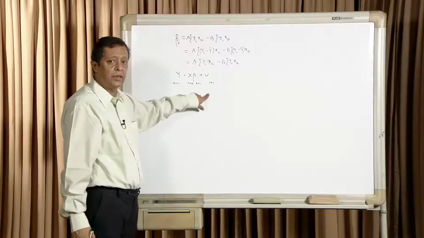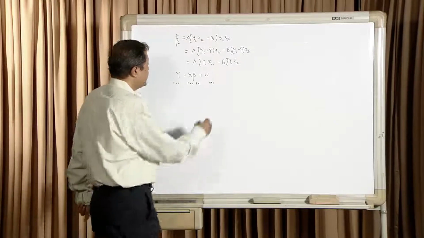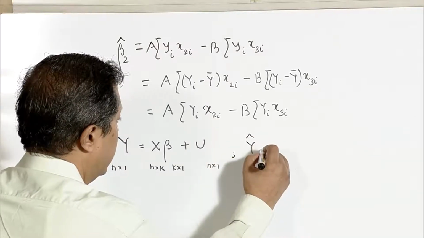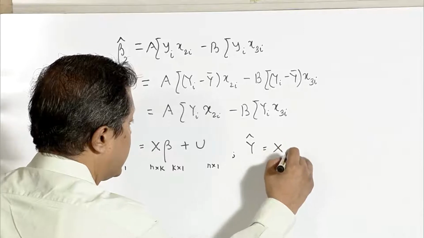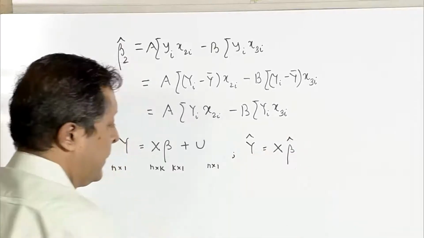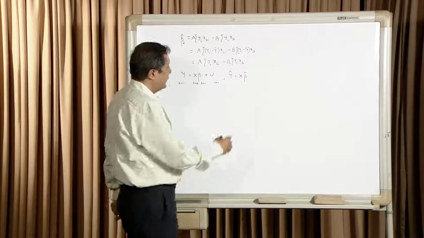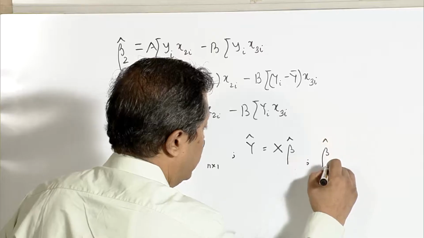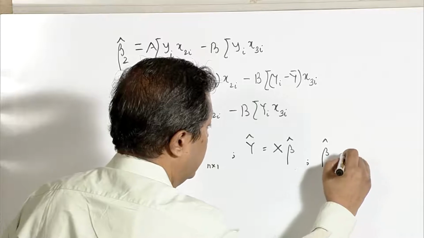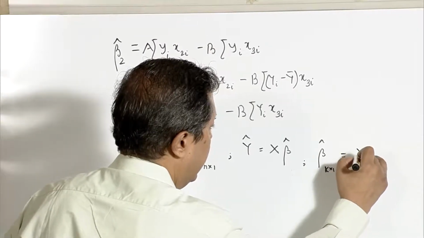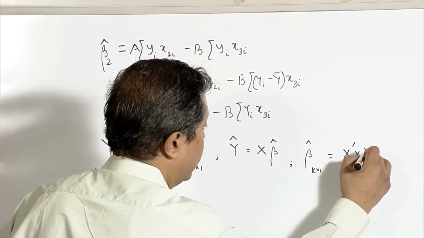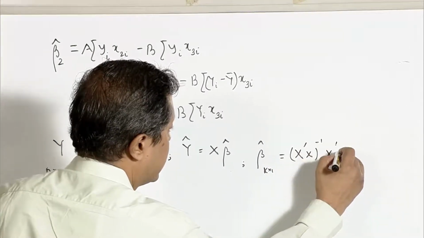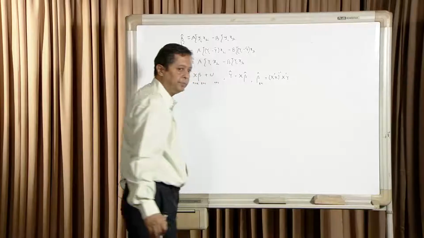That is the regression model, which is estimated as y hat is equal to x beta hat, where beta hat, which is of order k cross 1, is given as x prime x inverse x prime y.